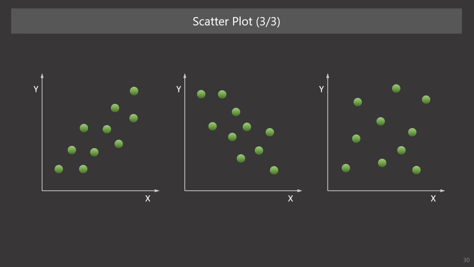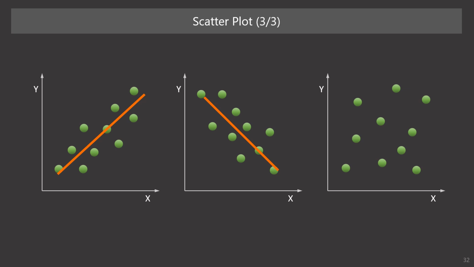We have three scatter plots here. Each of them contains data of two variables, x and y. In the left scatter plot, the dots form an upward line. We can see a tendency that as x increases, y also increases. In the center plot, the dots form a downward line.